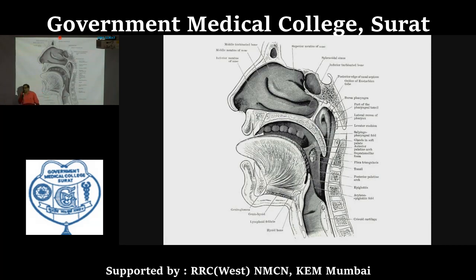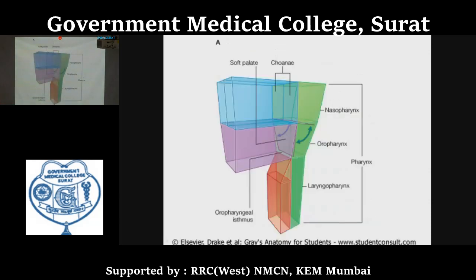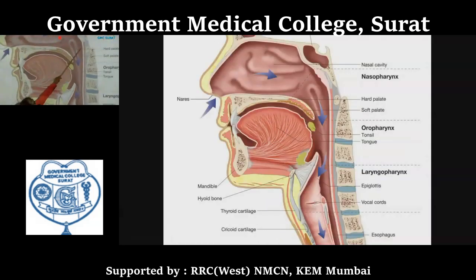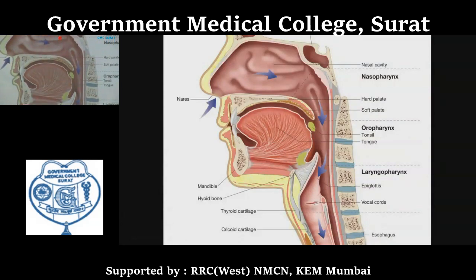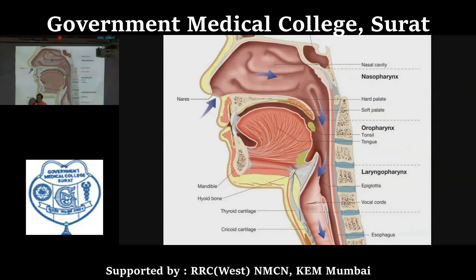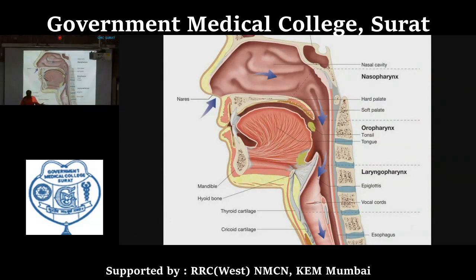Let's start with the nasal part of the pharynx. Here you can get the nasal part of the pharynx, behind the nasal cavity. Anteriorly, it is quite understood that the nasal part of the pharynx is in communication with the nasal cavity.